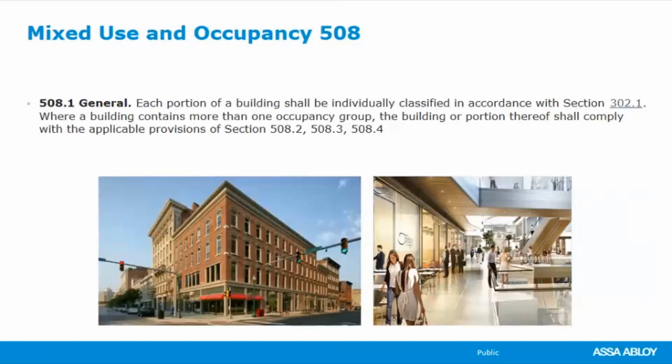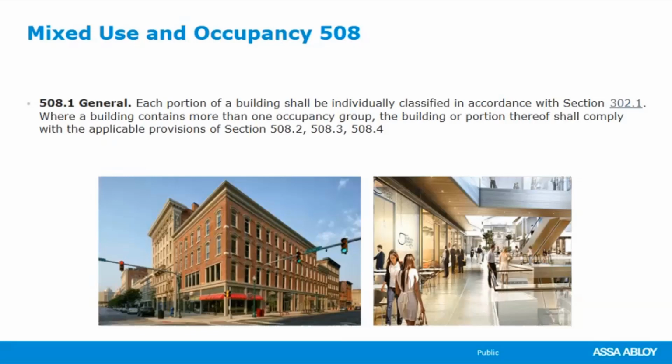And then we have mixed use, where you have more than one occupancy type in the same building. Depending on if the building is separated, where you have your own separate means of egress, if that's the case, you have your own separate exits for the assembly and the business area, then you treat each one independent and individual of each other.